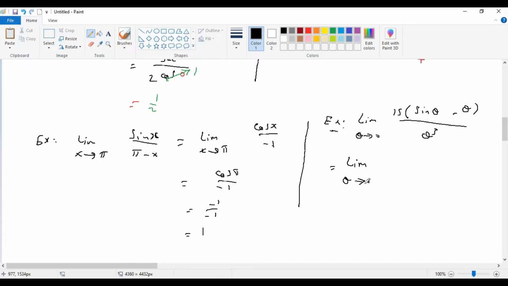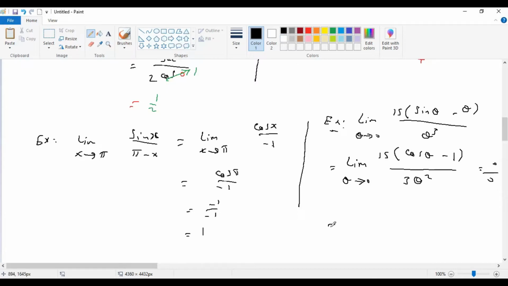as theta approaches 0 of 15 multiplied by the derivative of sine theta, which is cosine theta minus 1, over 3 theta squared, because the derivative of theta cube is 3 theta squared. Then cosine 0 is 1, minus 1 is 0, and 0 squared is 0, again 0 over 0.